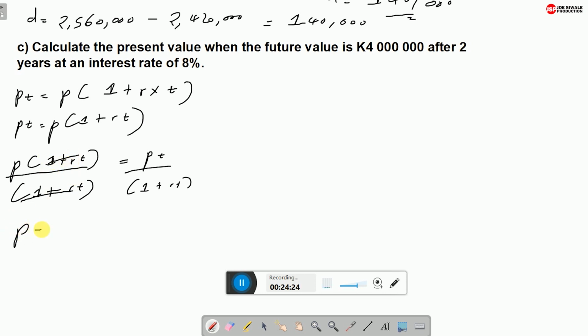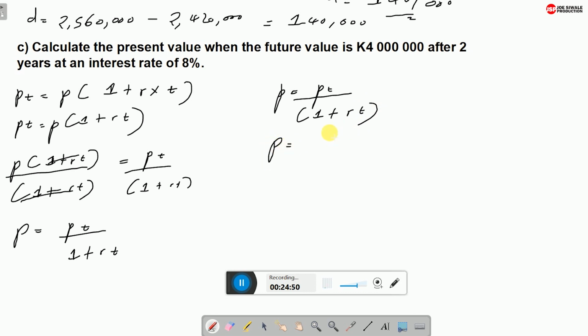So our present value is equal to the future value divided by 1 plus RT. That's the formula that we are going to use.